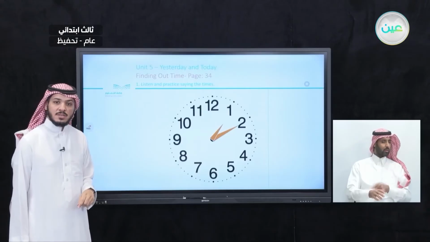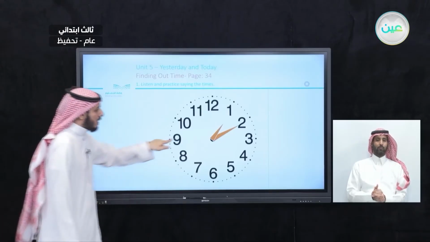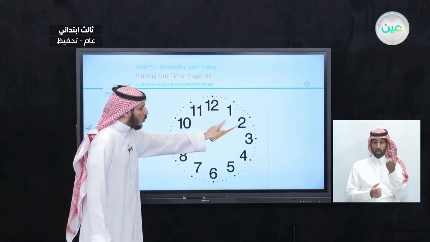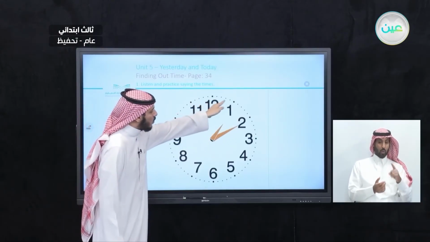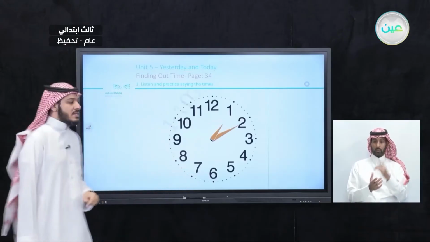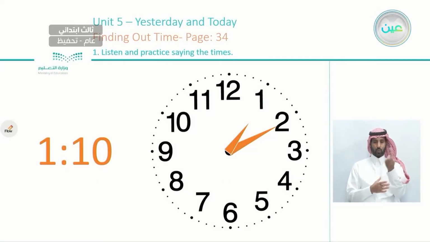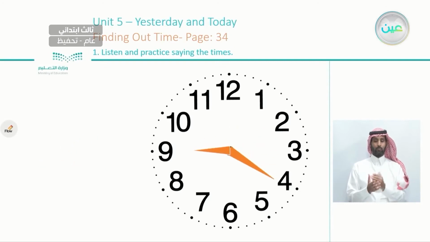Now, what about this? What time is it? 1. What about the minutes? 10. So we have 1, 2, 3, up to 10. Excellent. So it's 1:10. Now, what about this? This is the short, 9.